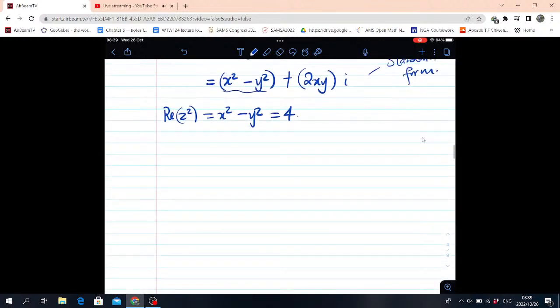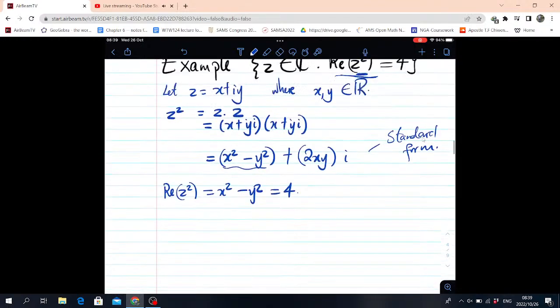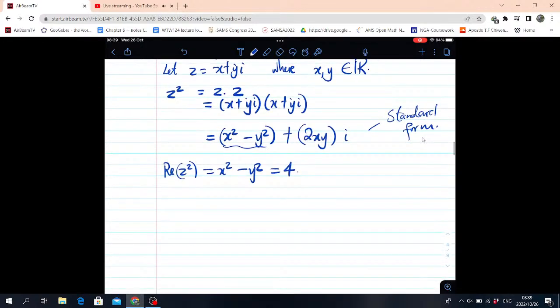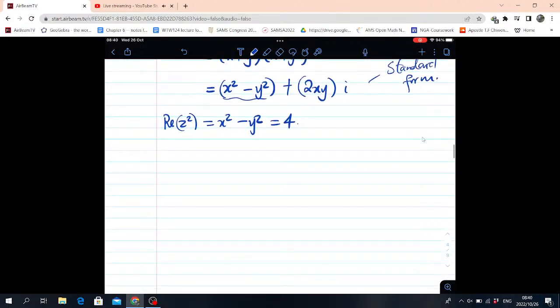So in other words, we want all the complex numbers z which are equal to x plus yi such that x squared minus y squared is equal to 4, right? So now we want to figure out what this is.